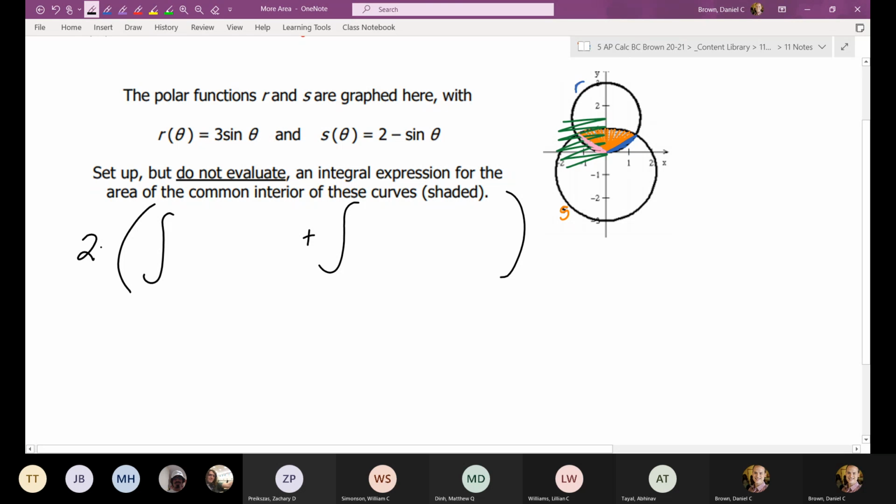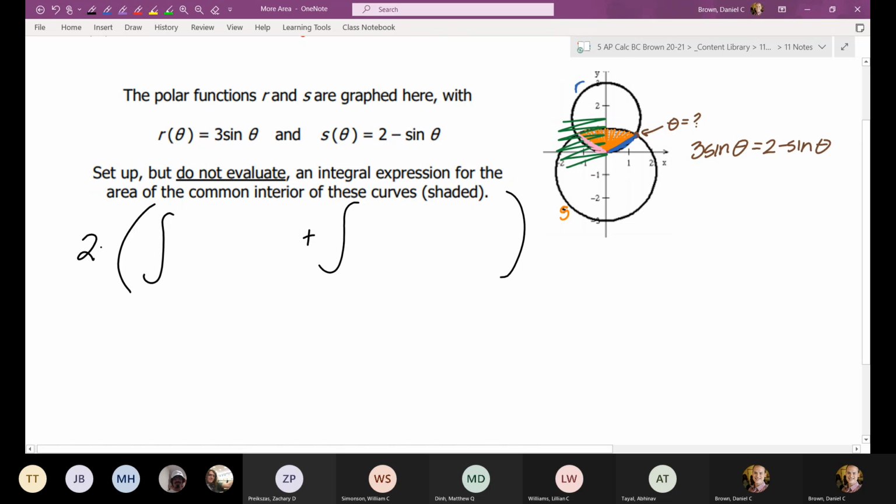Using this idea in this graph, I might first say, I need to figure out where those integrals are going to flip over. What is the theta when this region is switching over from one graph to the other graph? How can I find that theta? That theta is going to occur when one graph intersects the other graph.